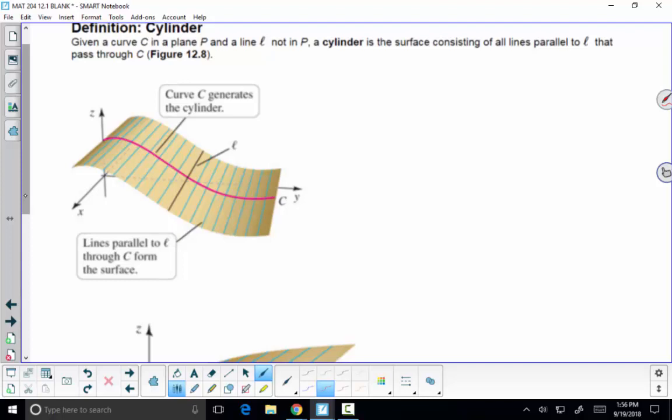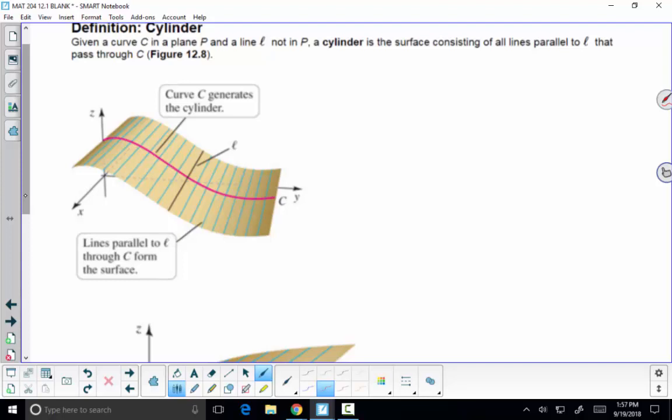With a right circular cylinder, you choose a circle as your generating curve, and you choose a line, they call it a ruling, perpendicular to that circle, and it builds a right circular cylinder. But in general, you have a generating curve, you have a ruling, and then you form all parallel lines to L, and that forms a cylinder. So that's the general definition of a cylinder: generating curve, ruling, and then all the parallel lines to the ruling that you pick.